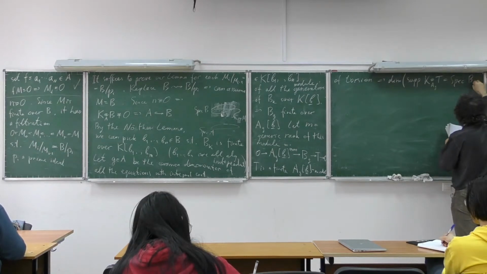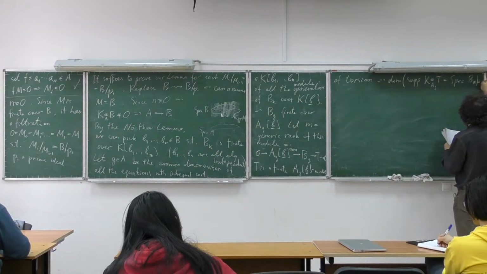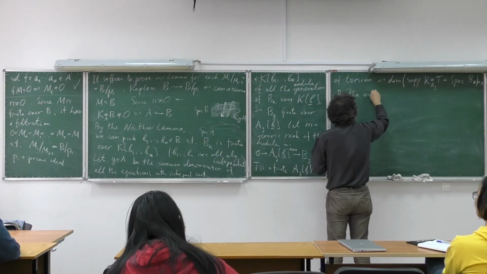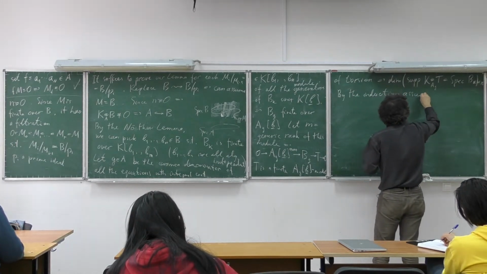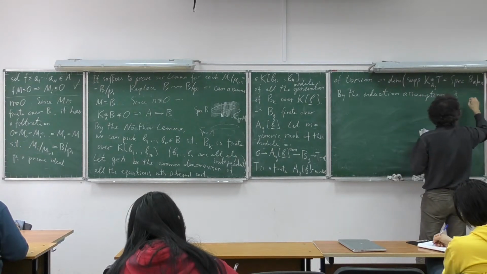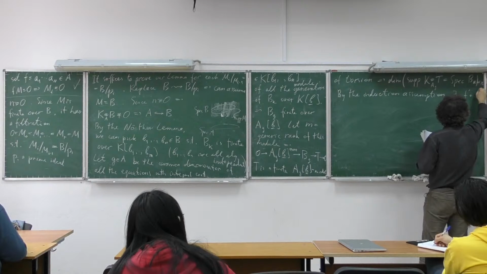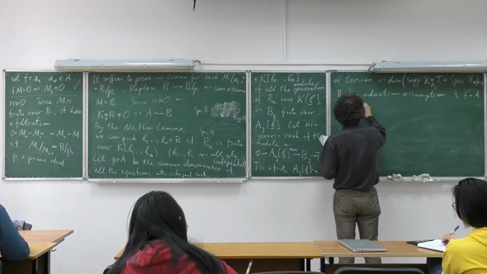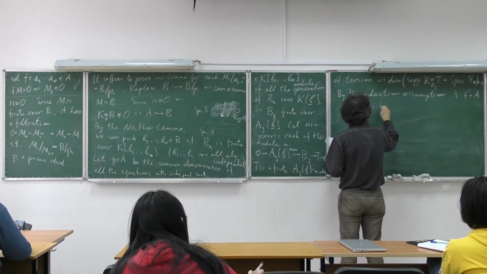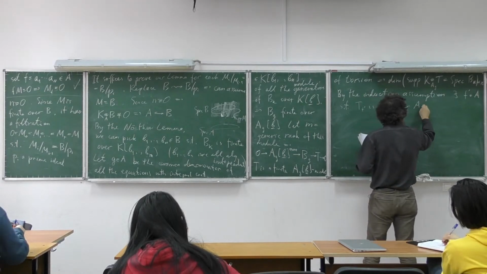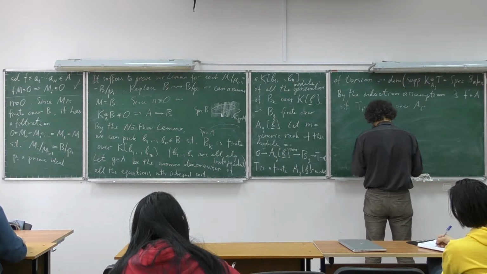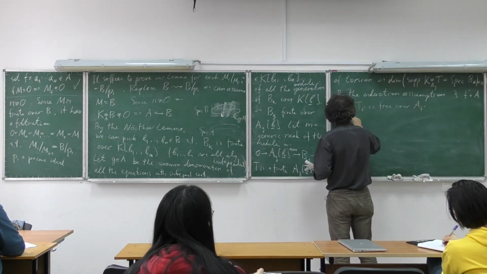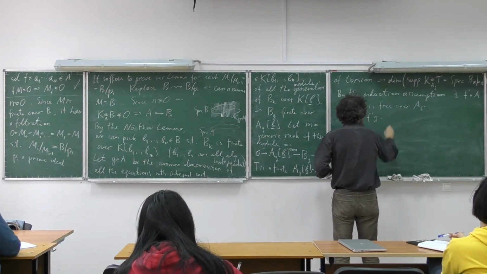Dimension is less than n, and by the induction assumption, there is some f prime such that the localization T_f prime is free over A_f prime, and set f to be f prime times g, and we are done.